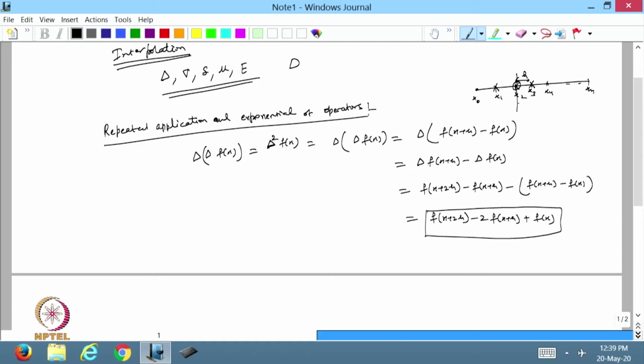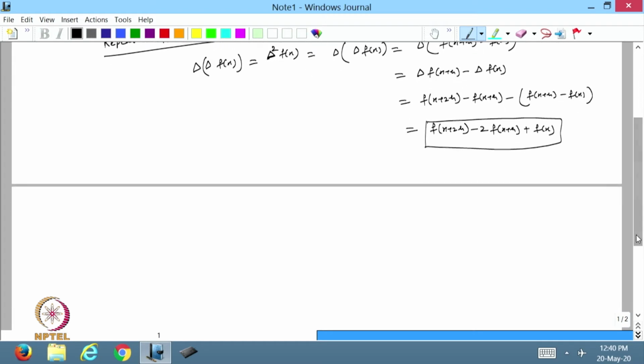So I need the value of the function at 2 places after that, when applying the forward operator 2 times.